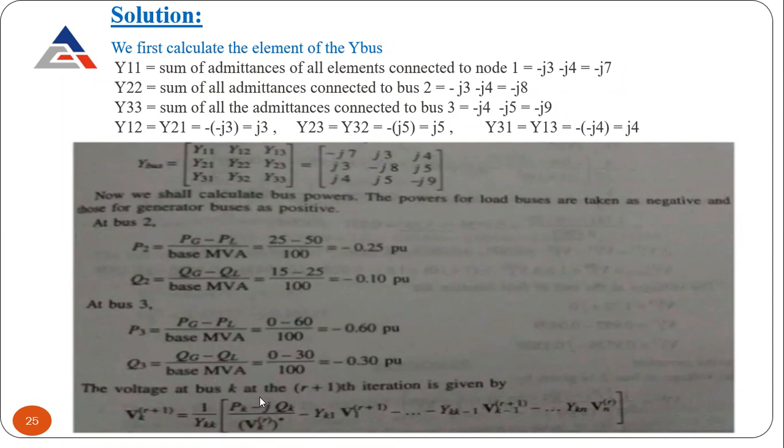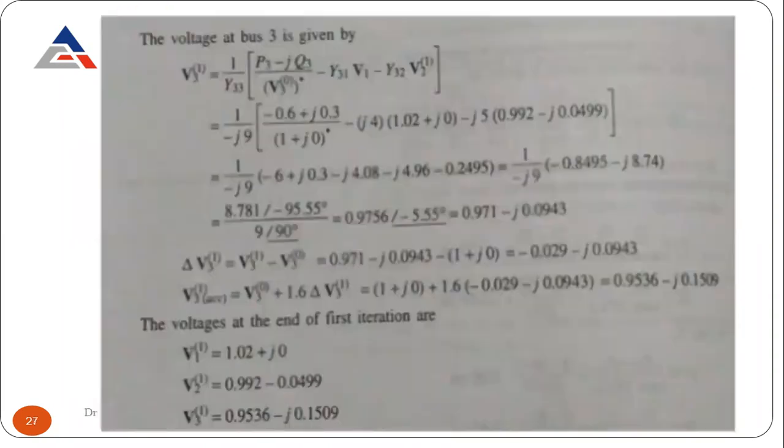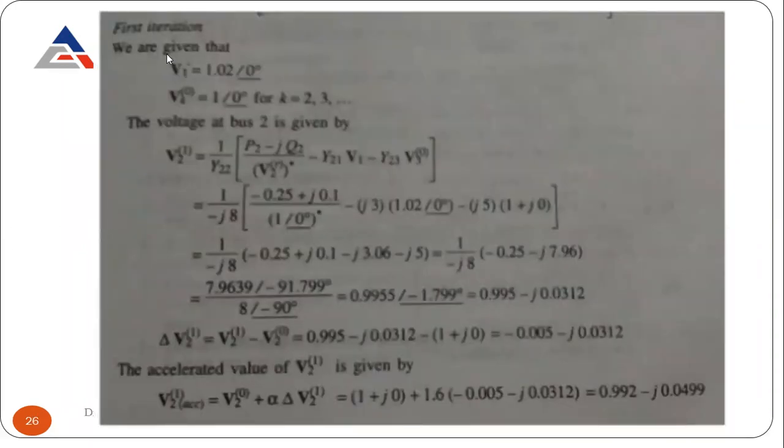Now directly applying the formula, V_k^(r+1) = (1/Ykk)(...), just as we have done in the previous numerical, in the same way, you have to calculate the voltage for bus number 2 and for bus number 3. Okay, just see here. Firstly, this one. V1 is given in the question, 1.02. Okay, and this one is Vk^0, meaning the initial assumption for bus number 2 and bus number 3.